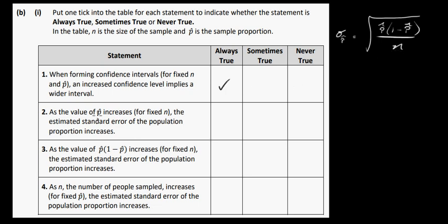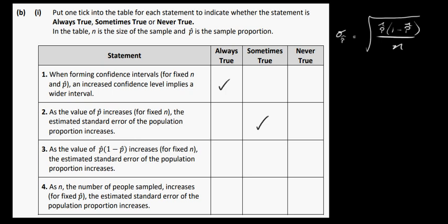Now what they're saying here is, as the value for p hat increases, the entire standard error increases as well. Well, that's only sometimes true. I'll explain why.